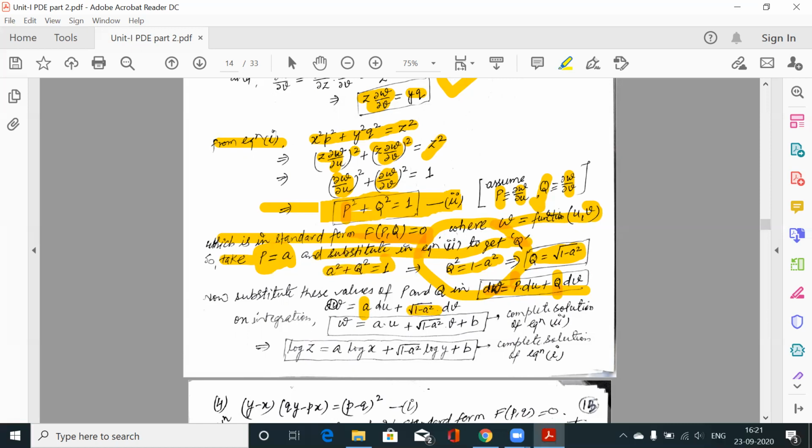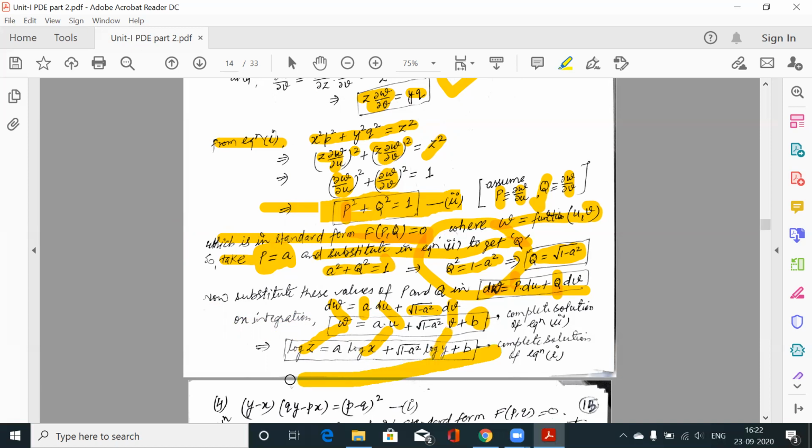Now integrate this. On integration dw is w, du is u and dv is v, and one integrating constant. Now this is the complete solution of equation 2, but the original equation was equation 1. So back substitute the values to get our original complete solution. w was equal to log z, u was equal to log x, and v was equal to log y.